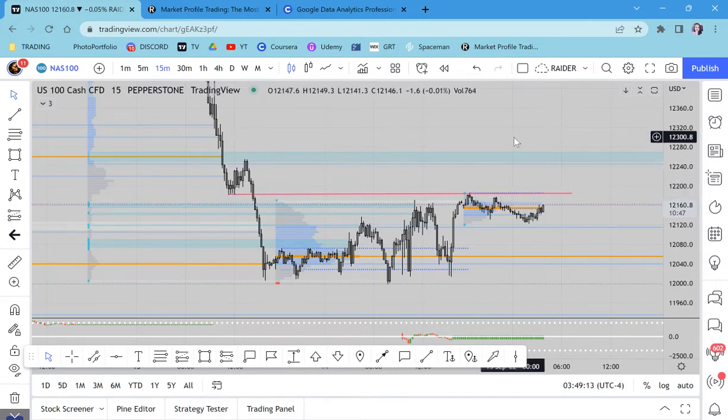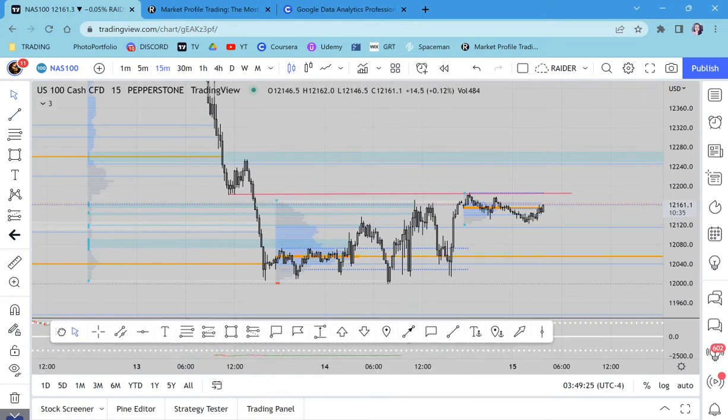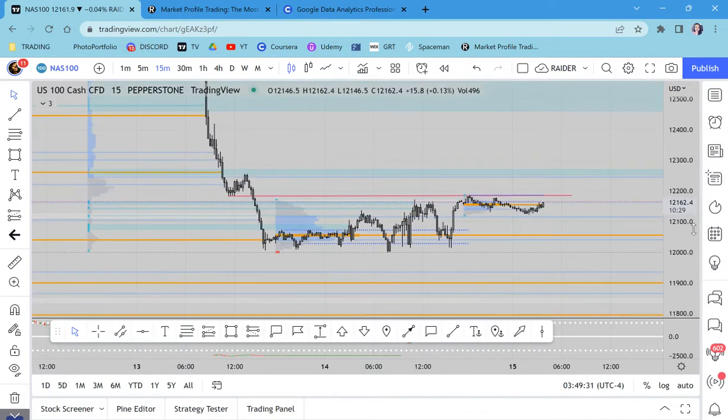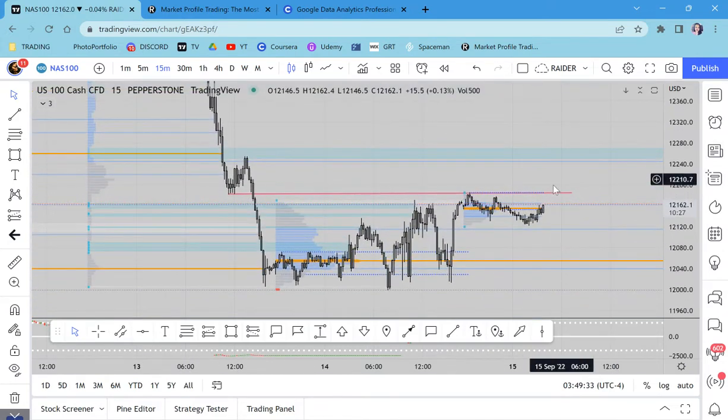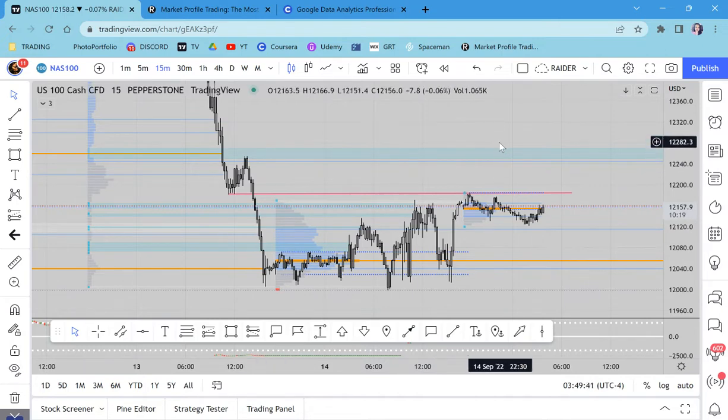I would love for it to move higher, retest it, and then aim for the single print that we have here that formed on the 12th and the 13th, and this was a pretty massive move. Right below it is the area value low as well, which is that blue horizontal line.